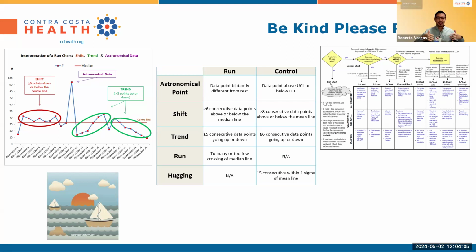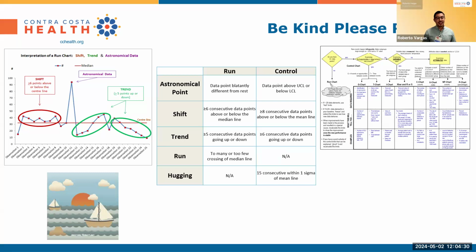The boat is rocking through waves, through the push of the wind, and that is common, what we call common cause variation. It's commonly something that we experience. There's nothing special about it.